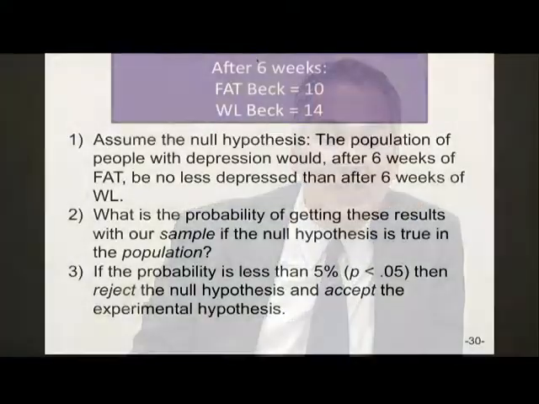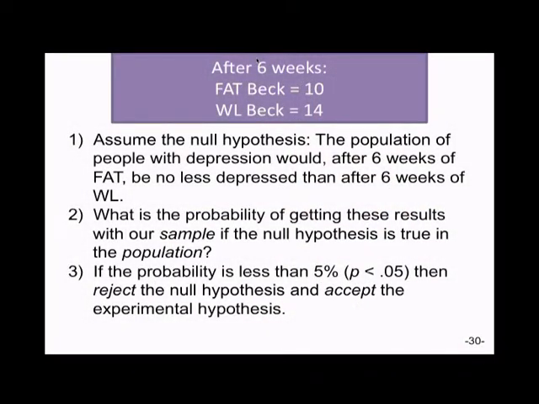And for statistical purposes, the convention is a significance level, sometimes called the alpha level, of 0.05. So we'll say if the probability is less than 5% that our population FAT is no less depressed than our population waiting list group, then we'll reject the null hypothesis and we'll accept the experimental hypothesis. We'll say that our treatment worked.